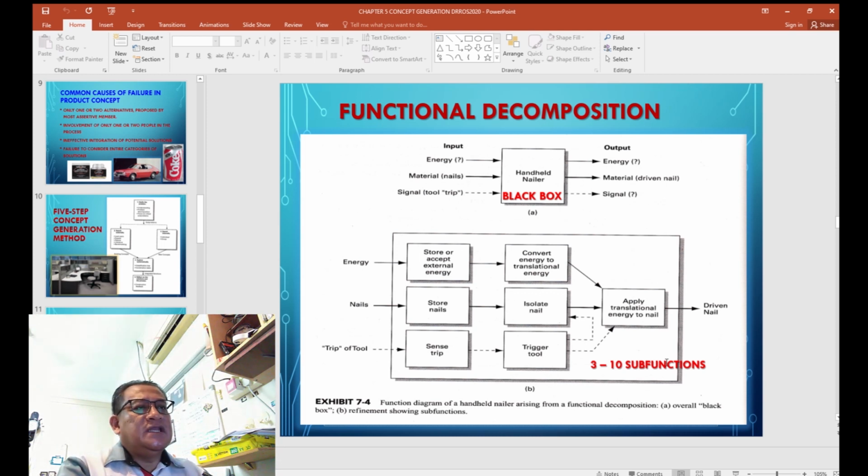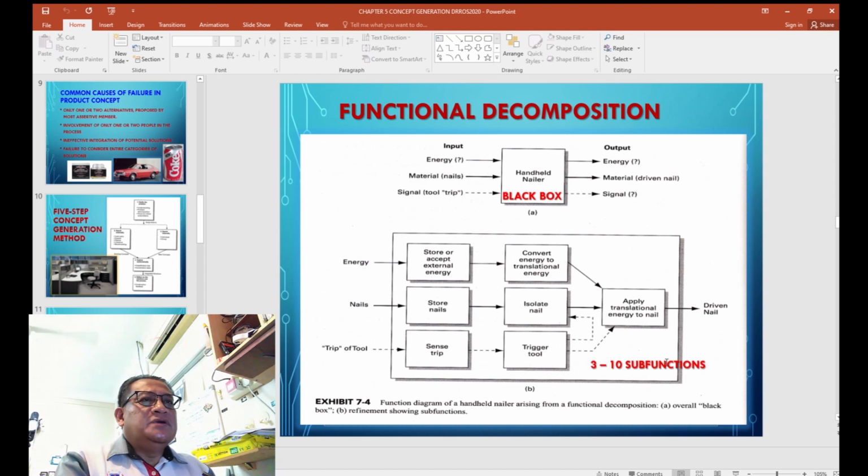Right? For example, convert energy to translational energy. Right? For example, electric towards kinetic energy, and apply this translational energy towards the nail, and the nail makes a move, and it will drive the nail down towards the wooden media. These are the flow for energy supply input, and then it is being processed here, and it is driven. It is driving the nail down towards the wood, and it is served as an output.